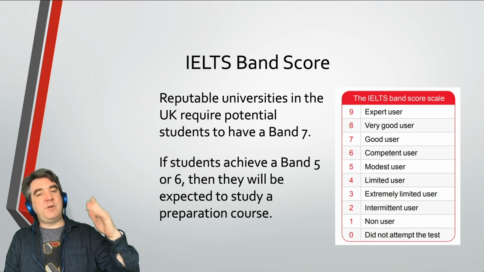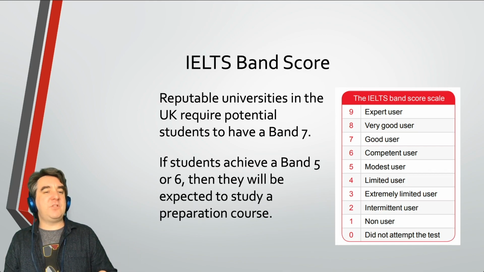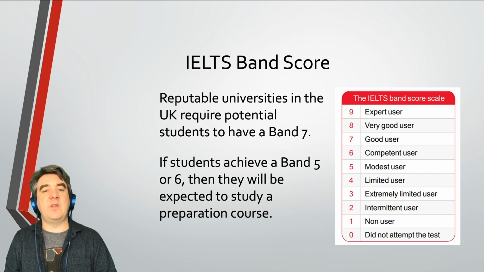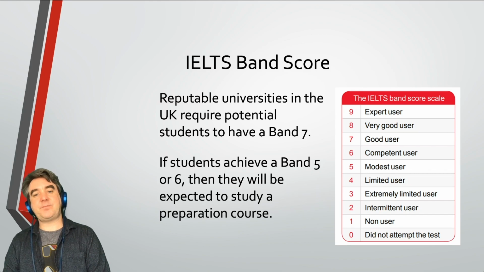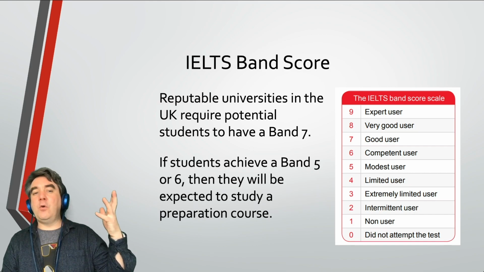However, if you get a 5, then you have to push up, and there are a lot of preparation courses and preparation years to help students become a good user or a very good user of English. So don't worry if you get a 5 or a 4.